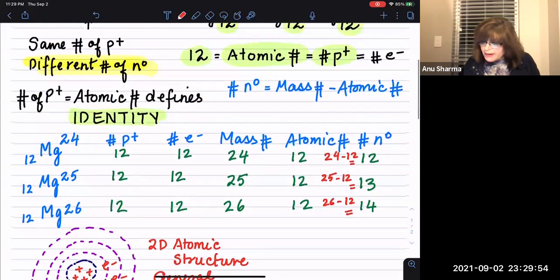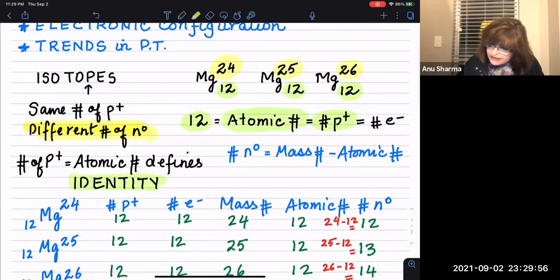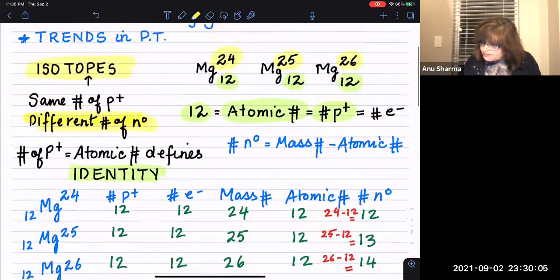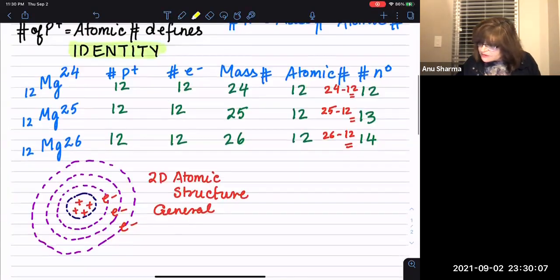But when we talk about the isotopes, we are talking about the same element, but with atoms that are weighing differently, some heavier. Obviously, because this one has more neutrons, it's going to be heavier than this one. The heavier the nucleus is, the more unstable it is.